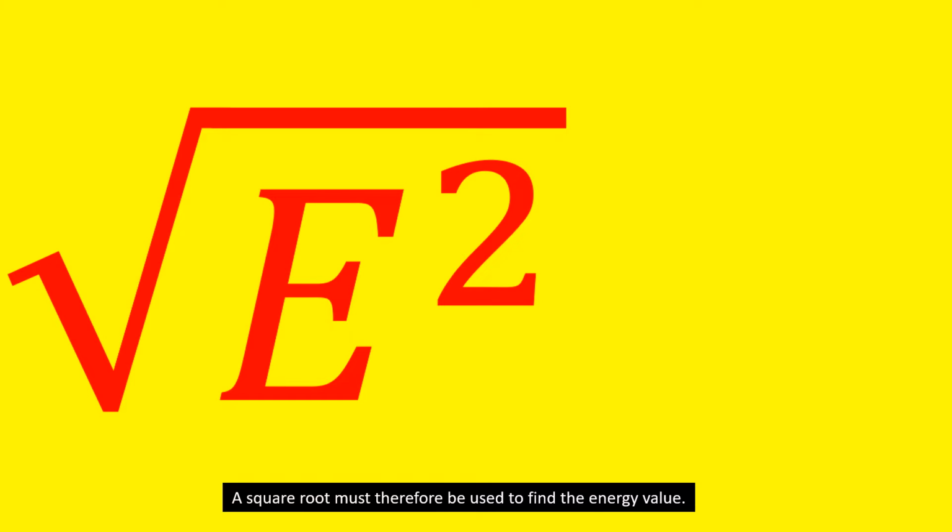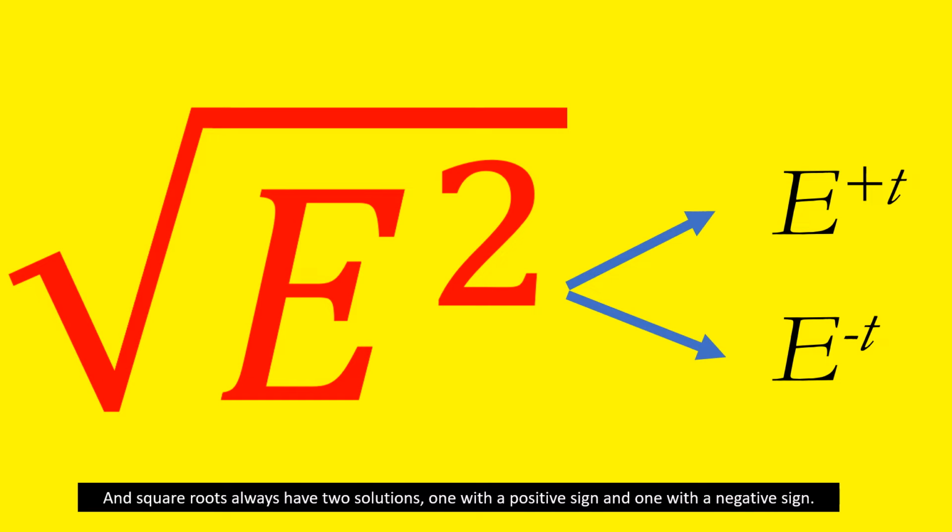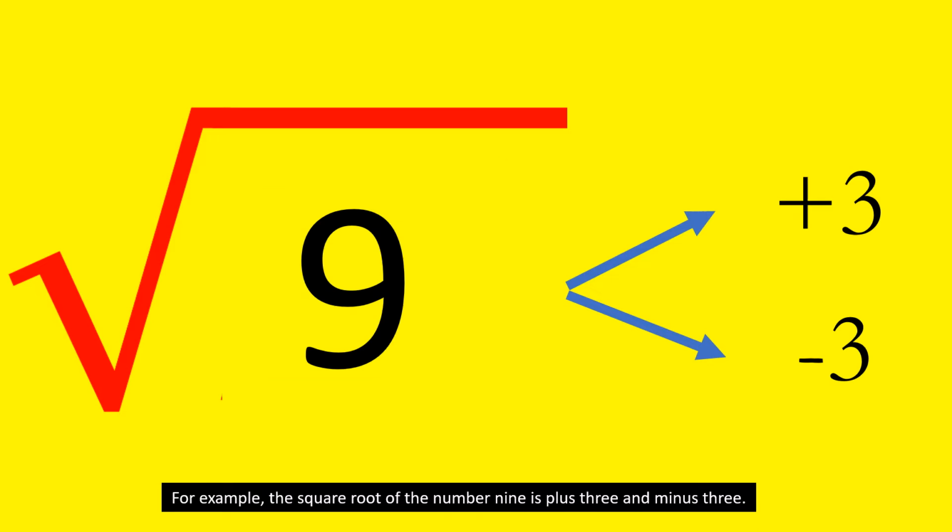A square root must therefore be used to find the energy value. And square roots always have two solutions, one with a positive sign and one with a negative sign. For example, the square root of the number 9 is plus 3 and minus 3.